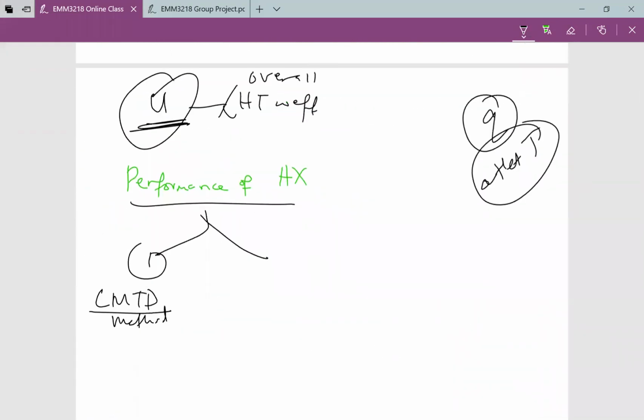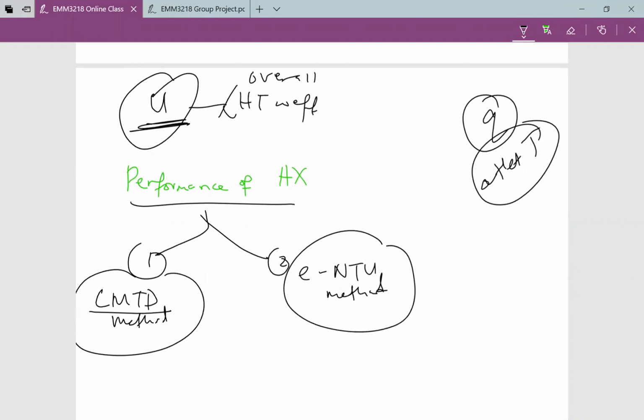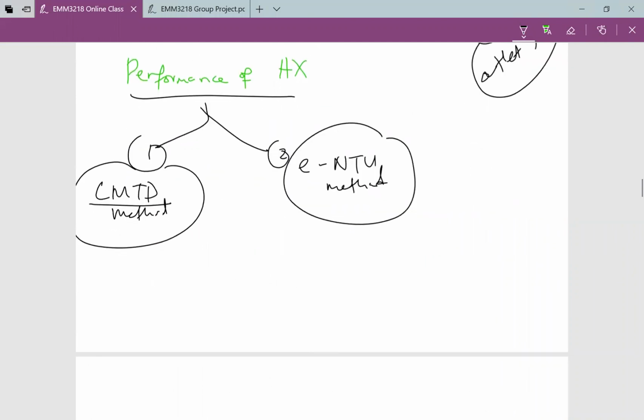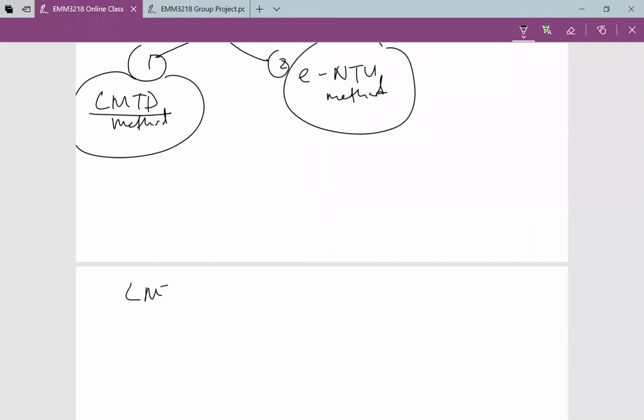The other method is called the effectiveness-NTU method. Let's look at them one by one, starting with the log mean temperature difference method.